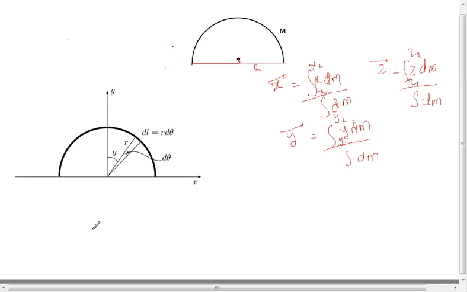But there is only one point which has a special property, and if you choose any point other than that one particular point, then you will encounter a very big mathematical problem. So we are going to choose that special point as the origin, and that special point is the center of the semicircular ring.